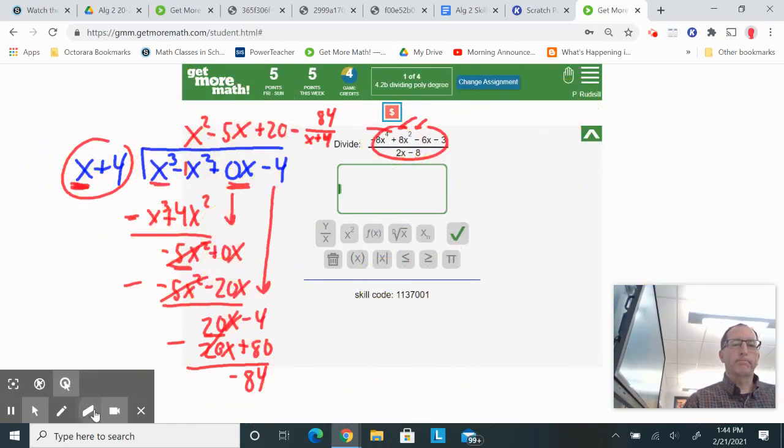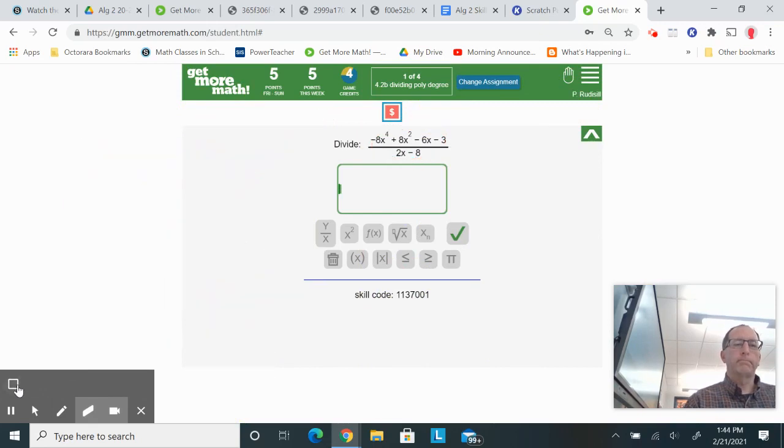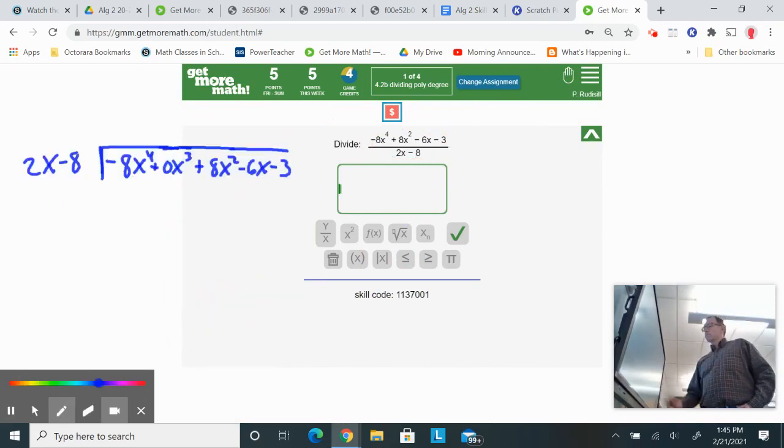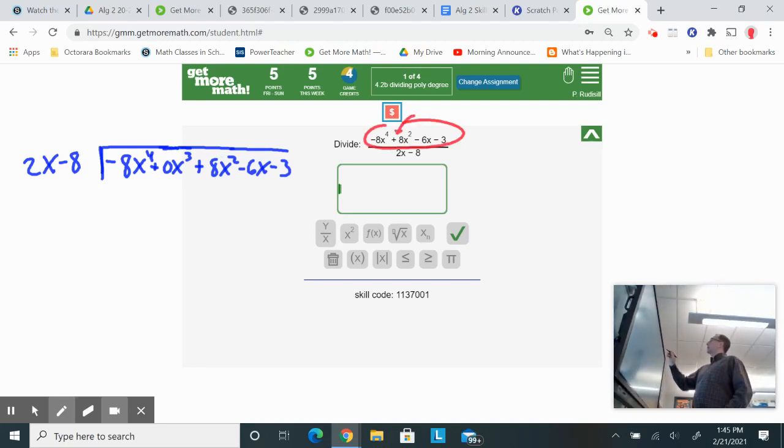Looks like it worked. Let's do another one. Now, do you notice in the original problem in the numerator, there was no x to the third term. So I included that in my dividend when I wrote it as long division. So let's take a look at 2x, and we need to get rid of the negative 8x to the fourth.